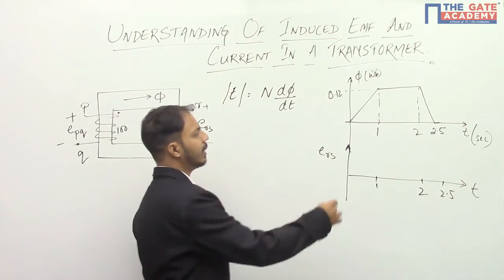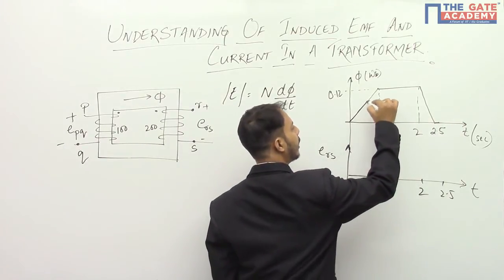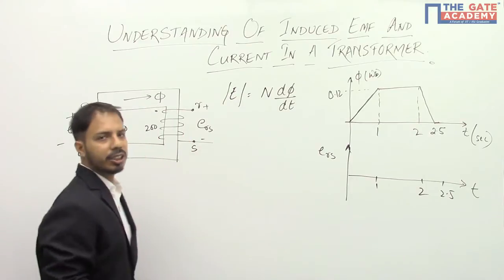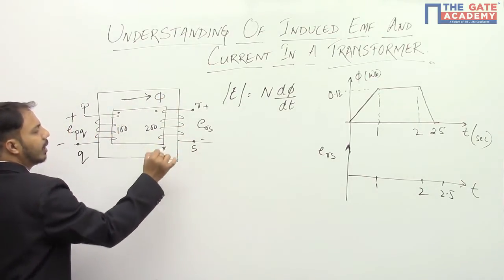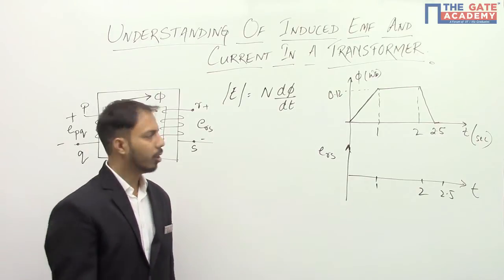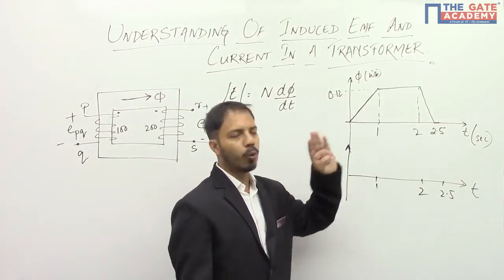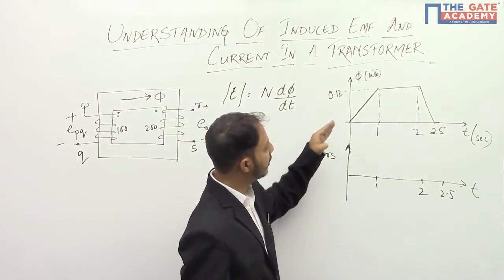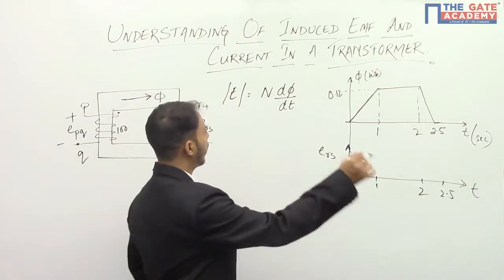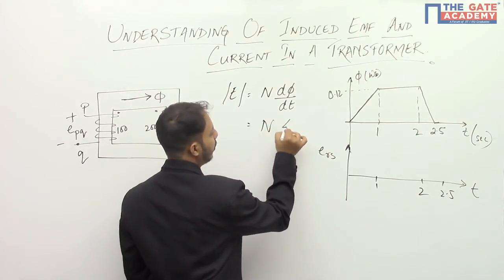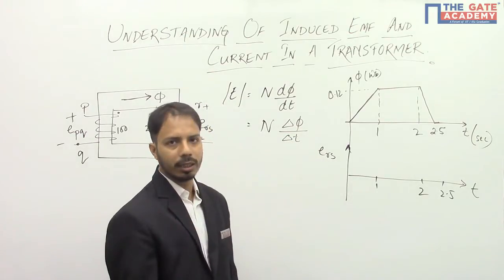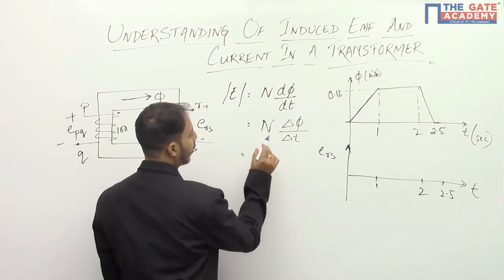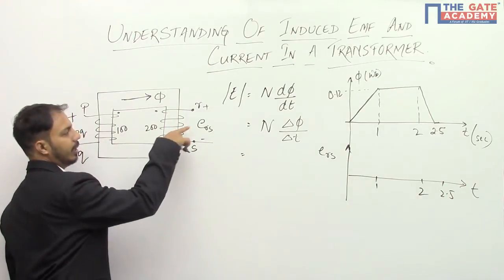As the flux is increasing in this way, this is the positive direction. So flux is increasing in this direction from 0 to 1, and we can easily see that this is a linear line. So we can write del change in flux, del change in t, since this is linear.